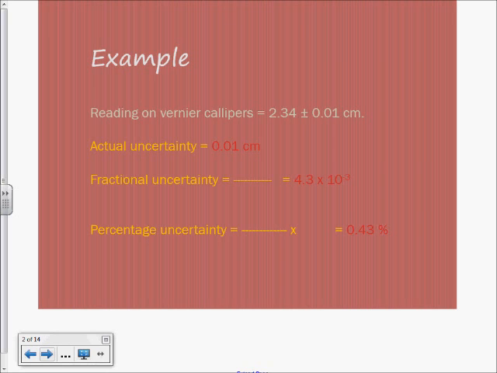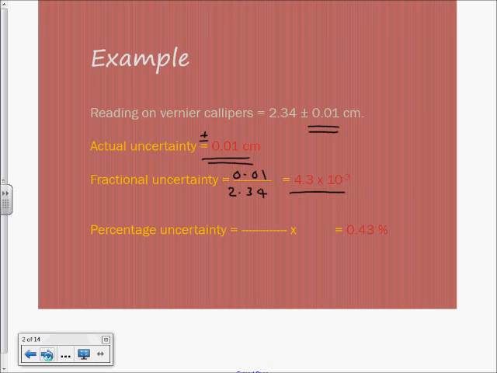If we're using vernier calipers and the calipers read to plus or minus 0.01, then the actual uncertainty, really we should probably have a plus or minus in there, it's debatable I suppose, but the actual uncertainty is 0.01 centimeters. If we want to then work that out as a fractional one, we do 0.01 divided by 2.34.